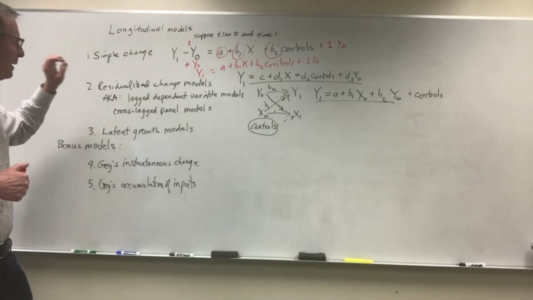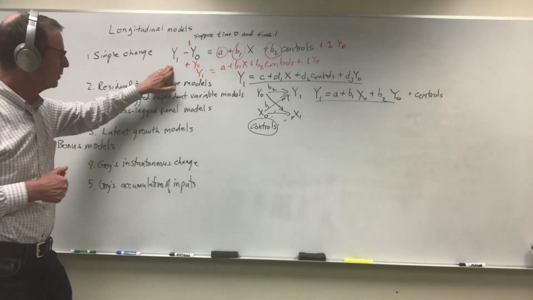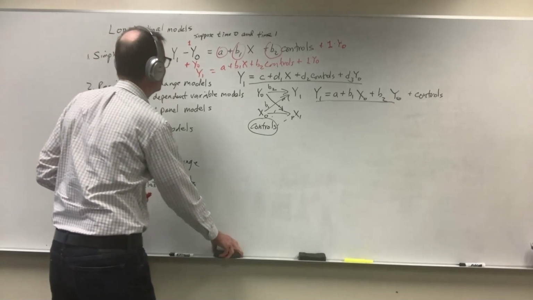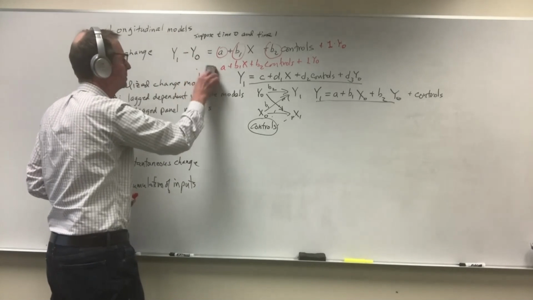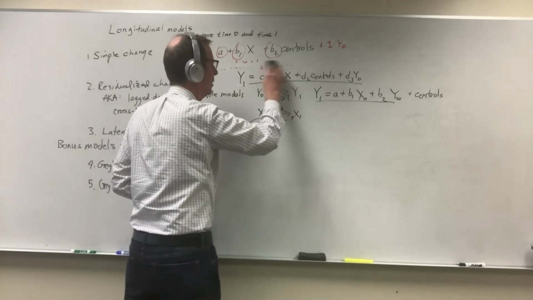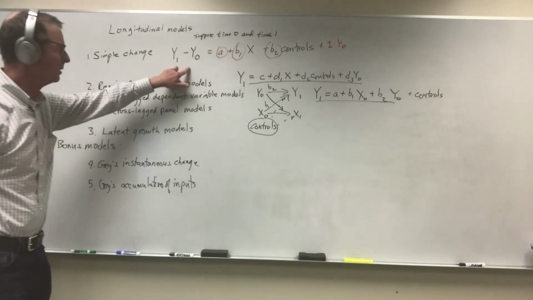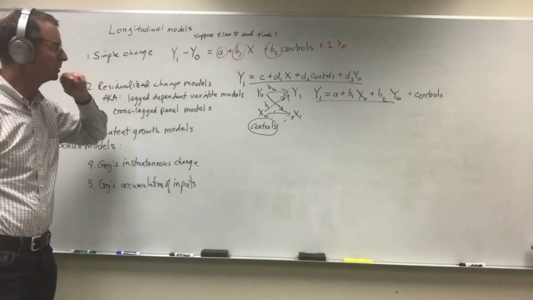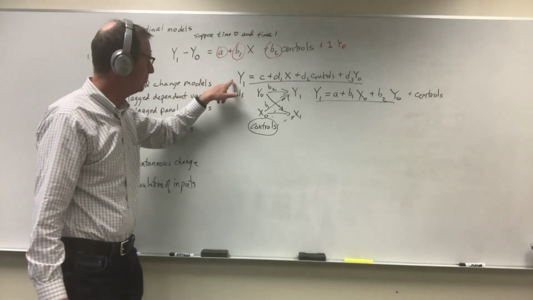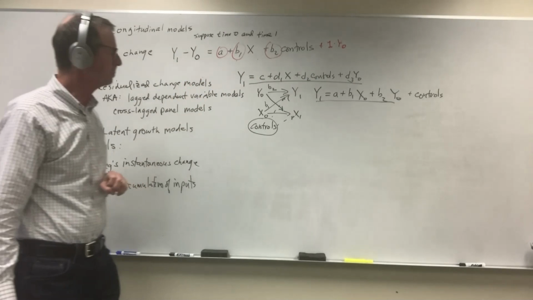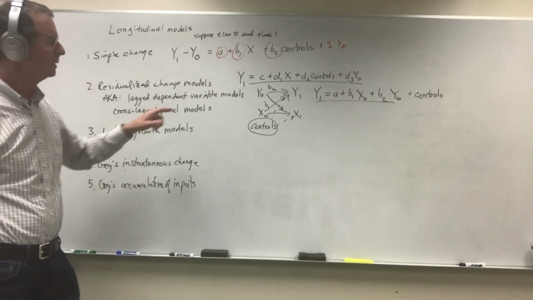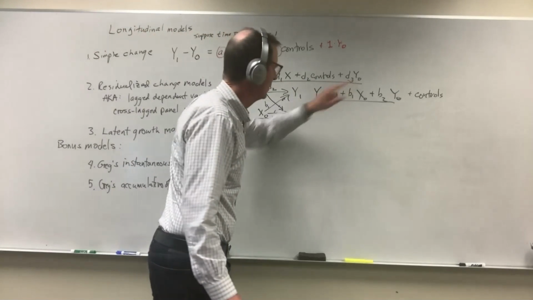I mean, simple change is rarely used because people worry about change measures having a lot more error than level measures. So this residualized change model ends up being preferred, where you're sticking y0 over on the right-hand side.